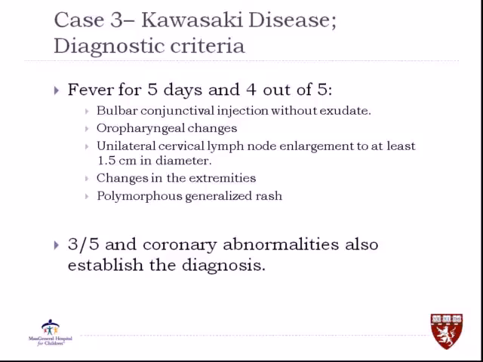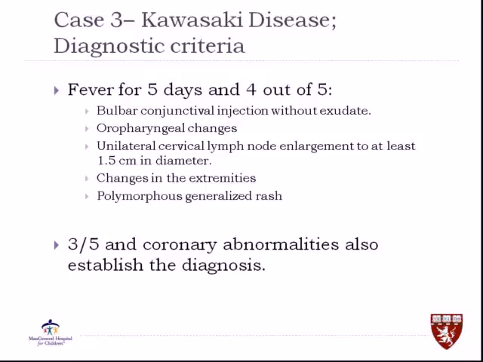This node needs to be 1.5 centimeters or larger. This is probably one of the least present criteria. I see it somewhat rarely in Kawasaki disease. This kid did have it. So having other smaller lymph nodes does not strike this one out. If you see one, that's good enough.